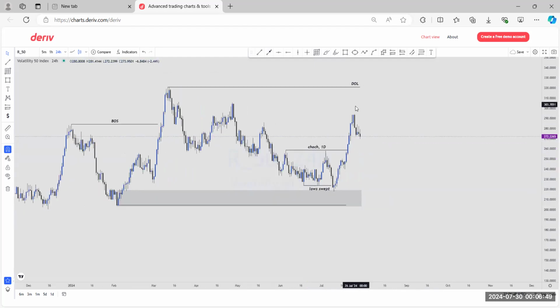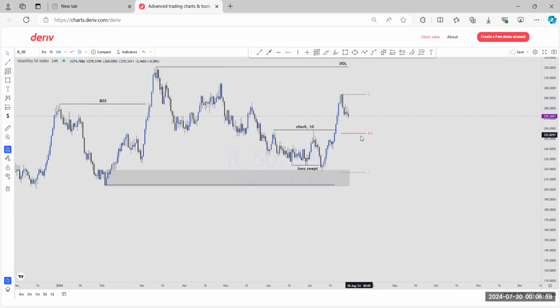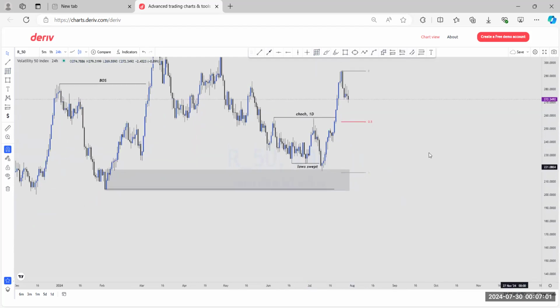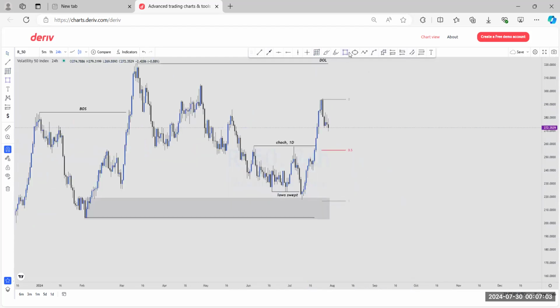So currently price seems to be retracing, and I would love to see price retrace below the 50% of the range. And what we find in line there is this fair value gap that is here.